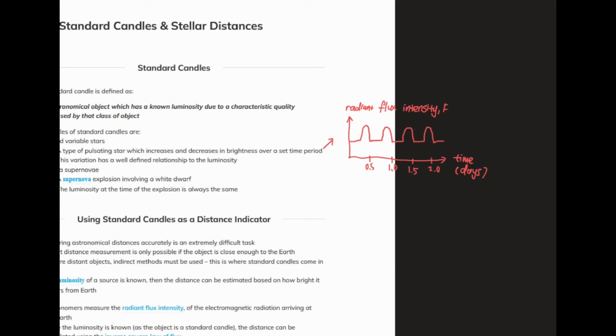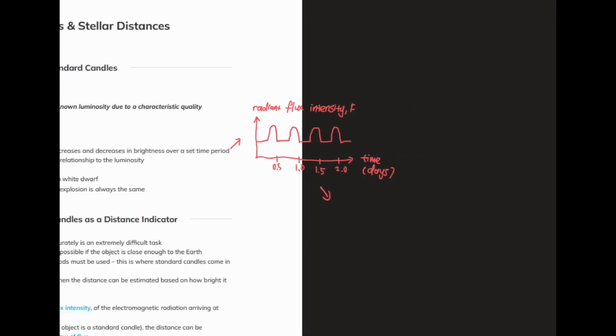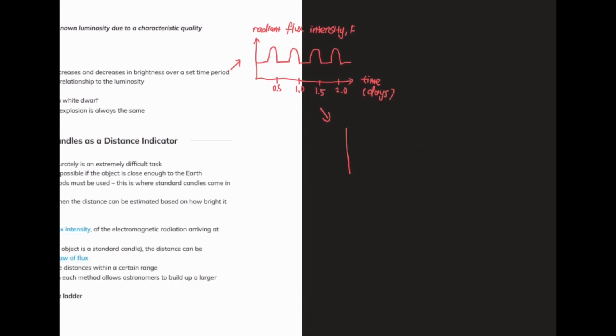When they look at the time spans for the star to increase and decrease in brightness, we can get a graph. This graph is through observation of many stars. The scientists need to look at this and that star. Imagine there are thousands or billions of stars. Now they get a relationship.